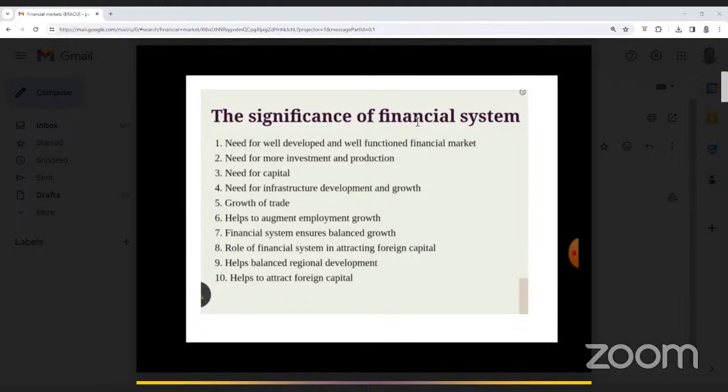Aisha? The importance of the financial system. Okay, but how are you making this financial system developed?